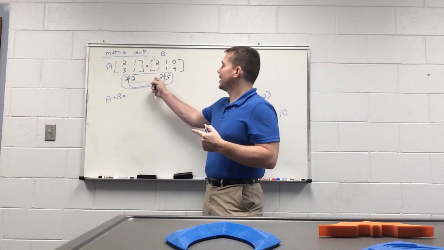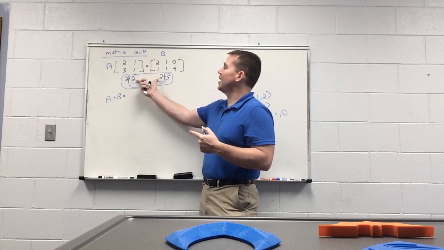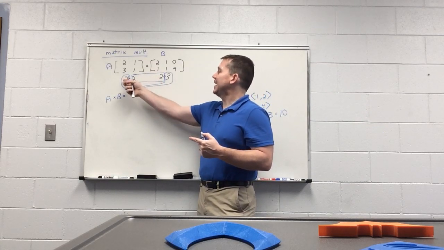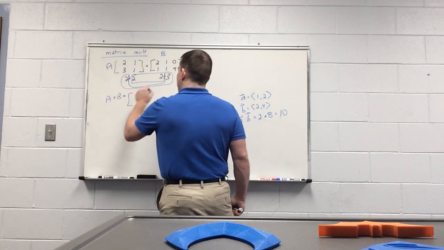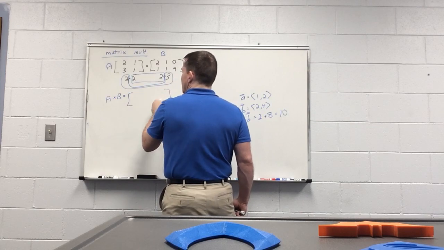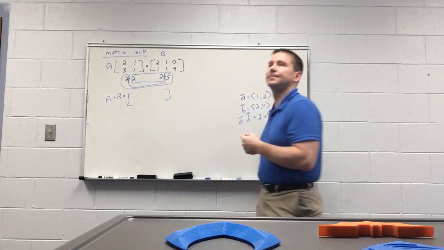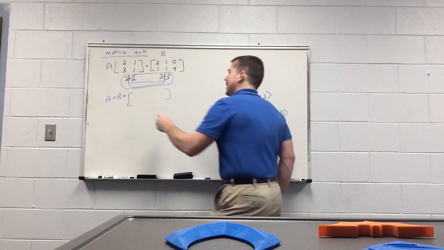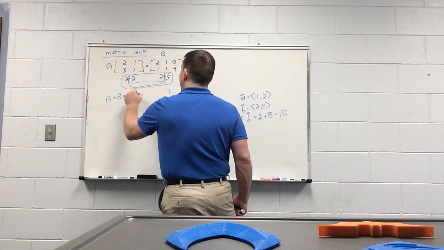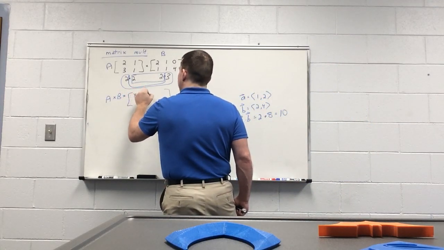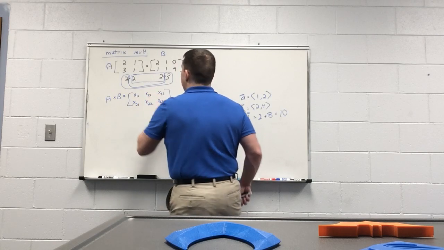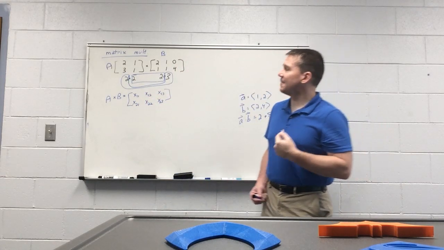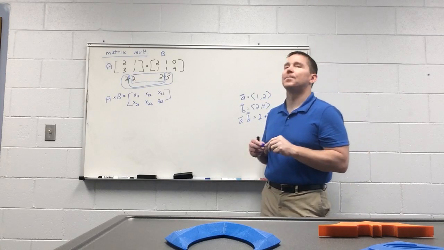Meaning, this is the 2 and this is the 2, they're equal, so they can be multiplied. My answer will be a 2 by 3. So I should get something with 2 rows and 3 columns. And here I'll just arbitrarily call this x11, x12, x13, x21, x22, and x23. And I need to find all of those entries.